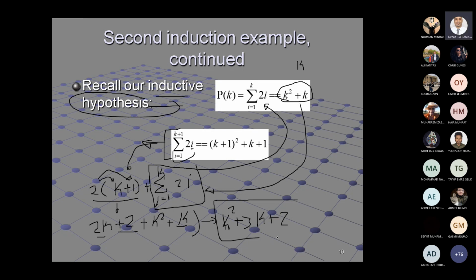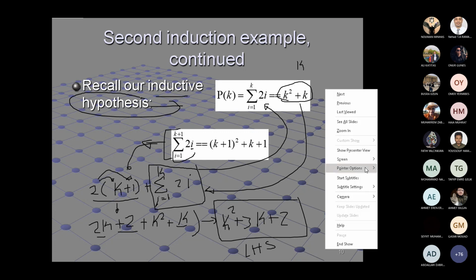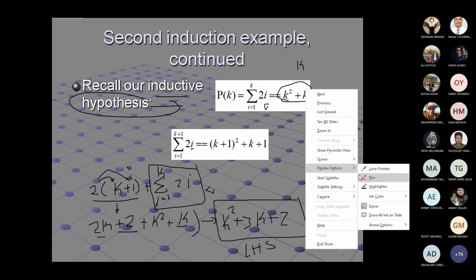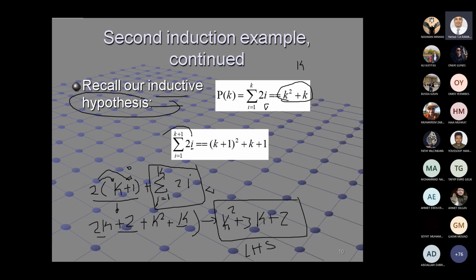So this is the left-hand side. Now let's see the right-hand side. The right-hand side, k plus 1 to the power 2, we just mentioned it. It's a perfect square.